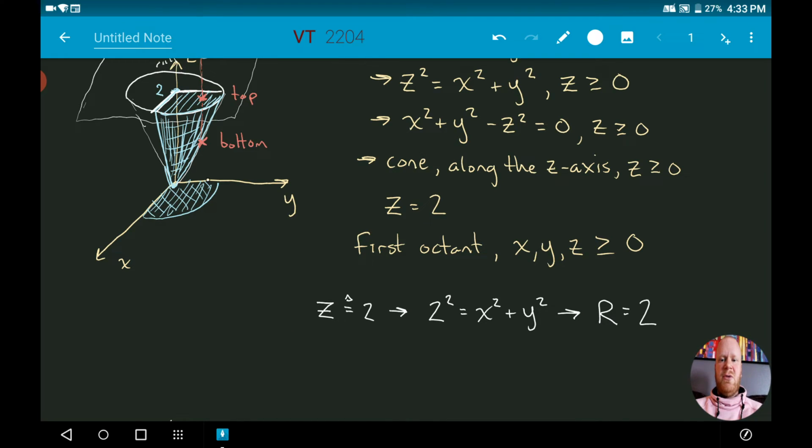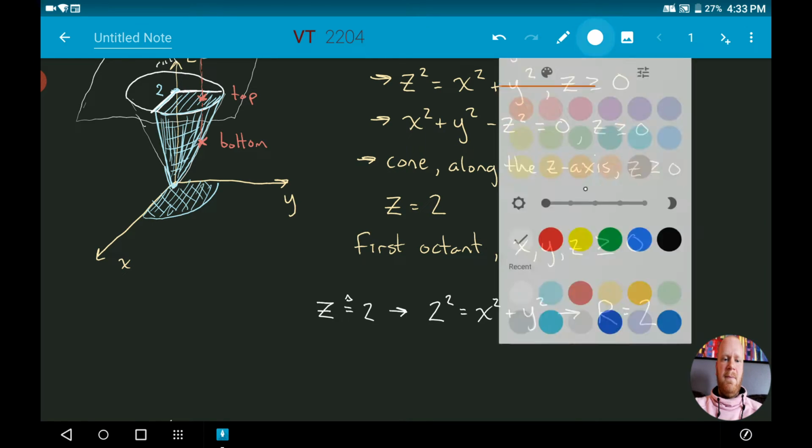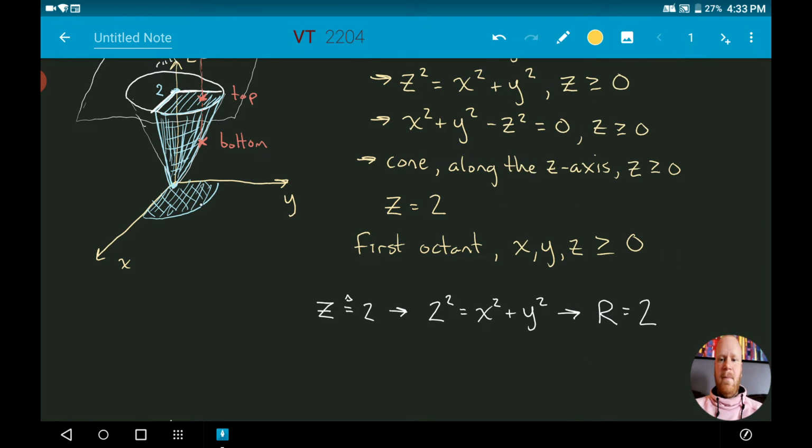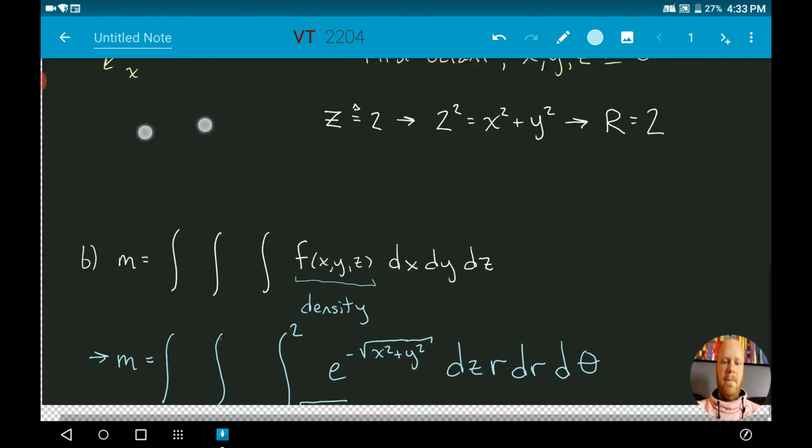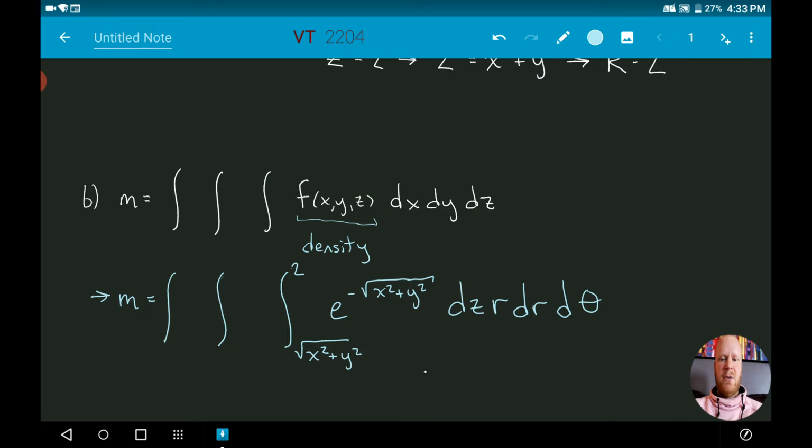So if we want to talk about this region of the projection, then the radius is going between 0 and 2. So r is between 0 and 2.